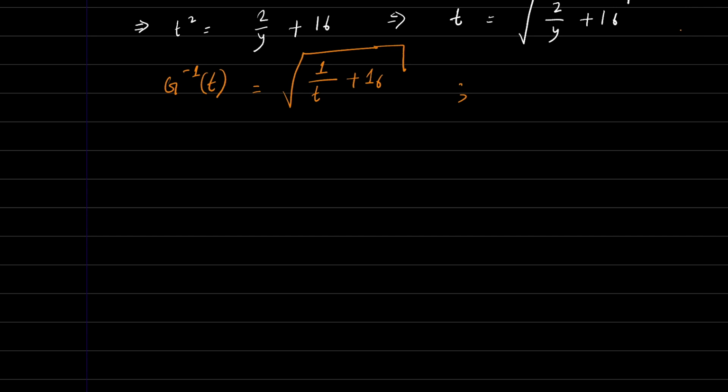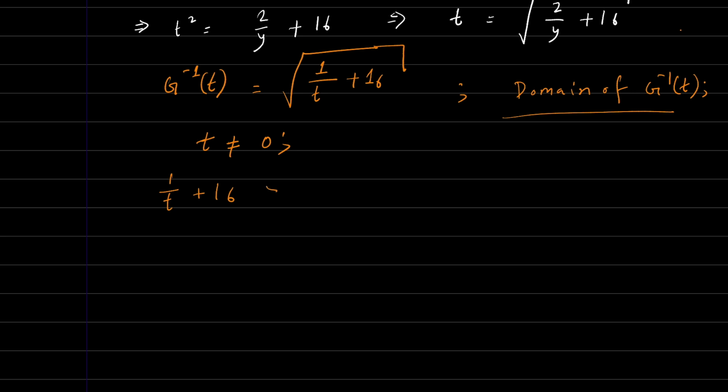So let's find the domain of g inverse of t. Here we can see the denominator cannot be 0, so t cannot be 0. Also the square root has to be non-negative, so the term 2 over t plus 16 has to be greater than or equal to 0.